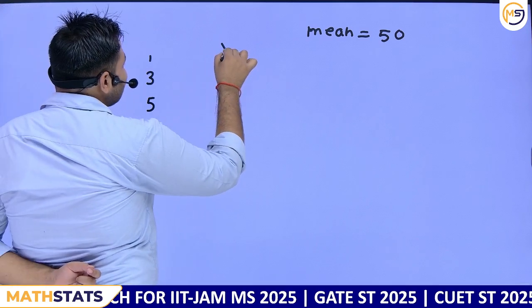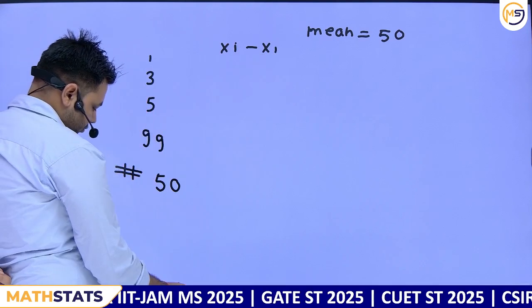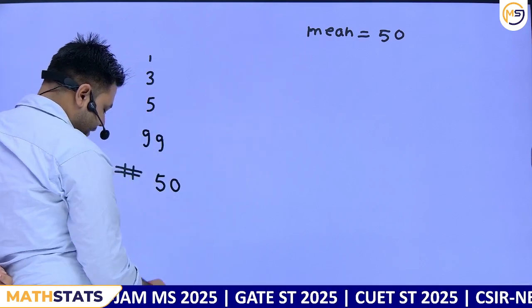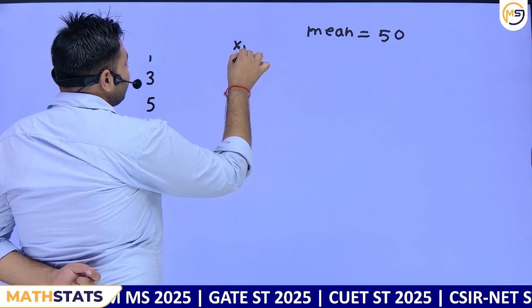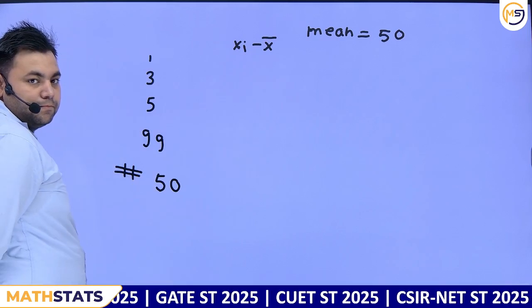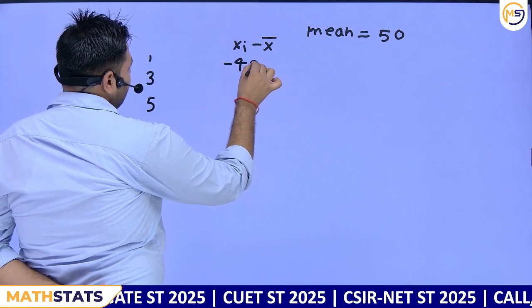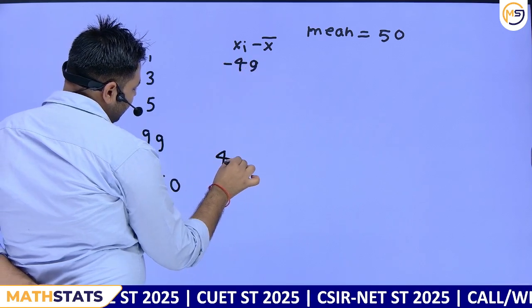So what is xi minus x bar? What is the value of xi minus x bar? The first value is minus 49 and the last value is positive 49.